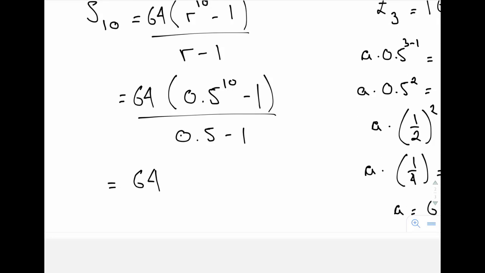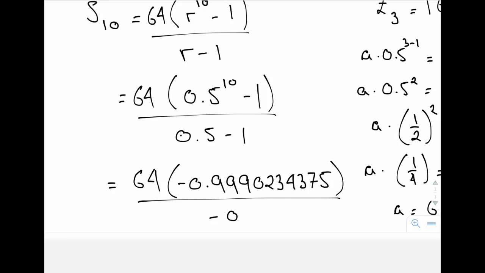So we have 64 times, so on my calculator, I'm going to go 0.5 to the exponent 10, and I'm going to subtract 1, and I get a very long decimal number, negative 0.999 again, 0.234375. Close bracket, all over negative 0.5.